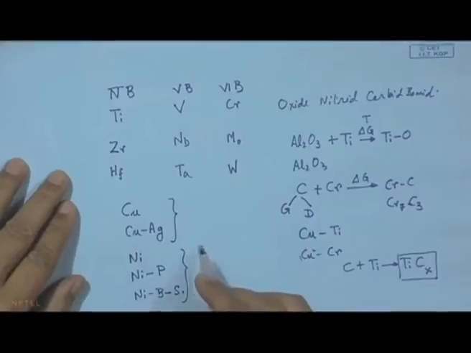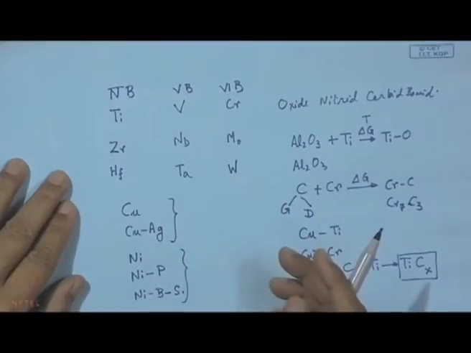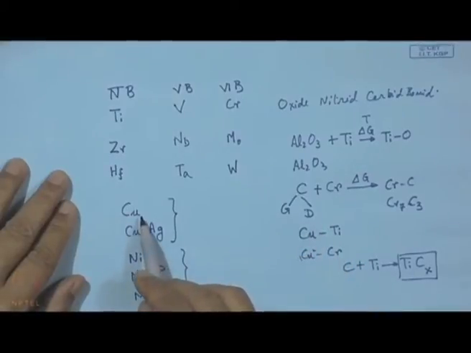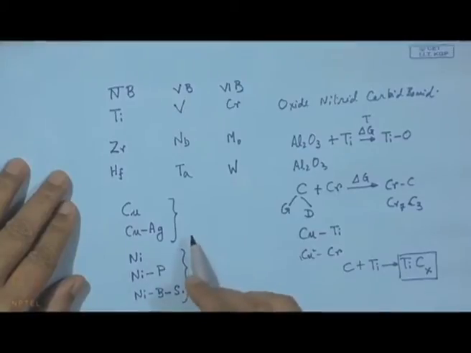Now, these are the metals or alloys which can be used for common brazing or joining purposes, and these copper or silver, copper or nickel base family alloys readily wet the metal surface.